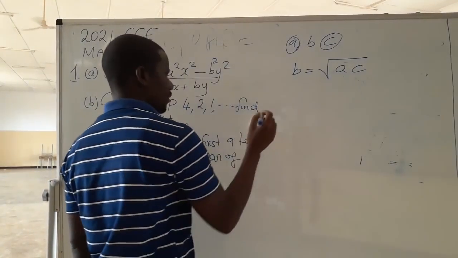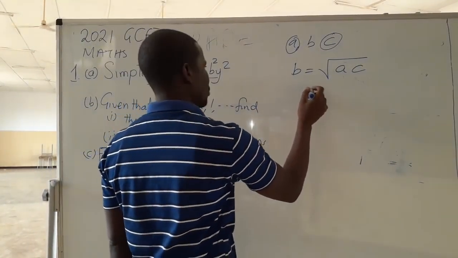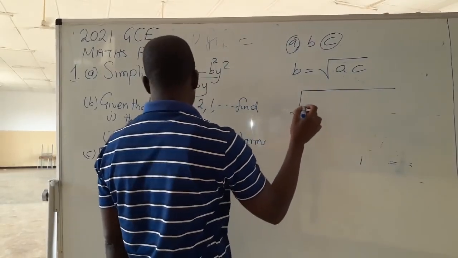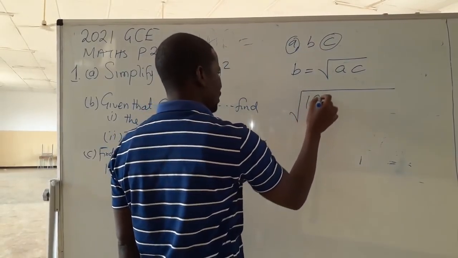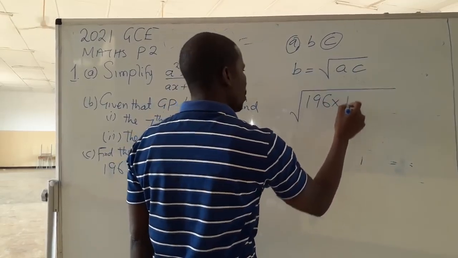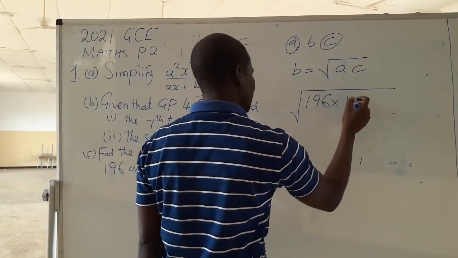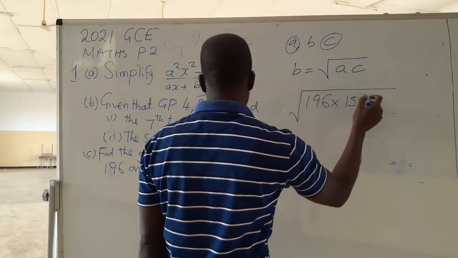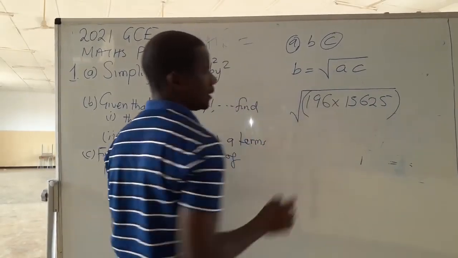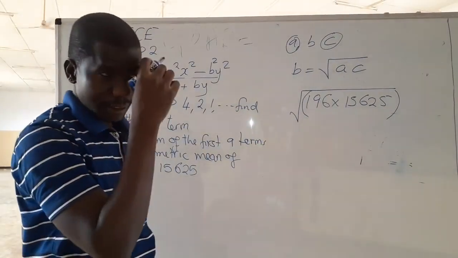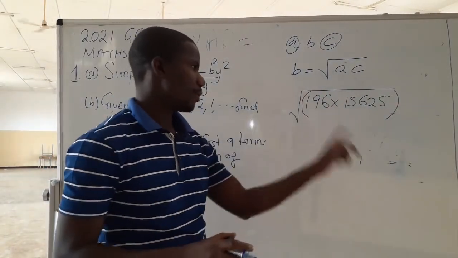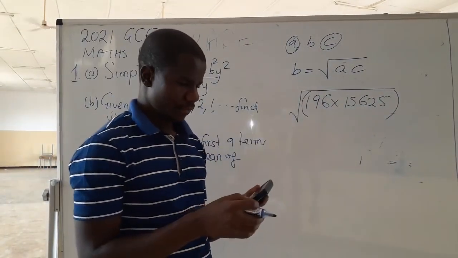For instance, the geometric mean is going to be 196 multiplied by 15625. So put this in brackets because some of your calculators do not extend the root. So make sure that you enclose these values in the bracket.